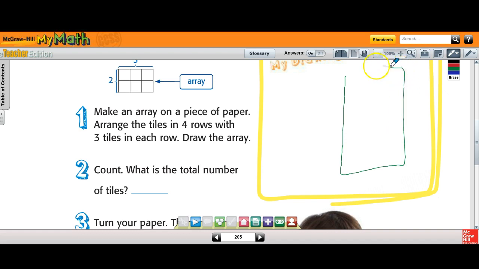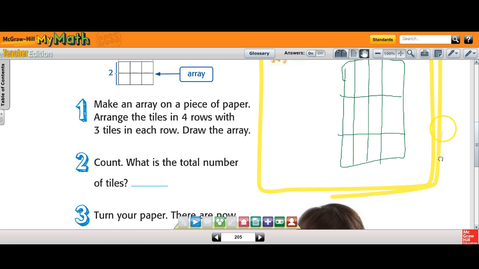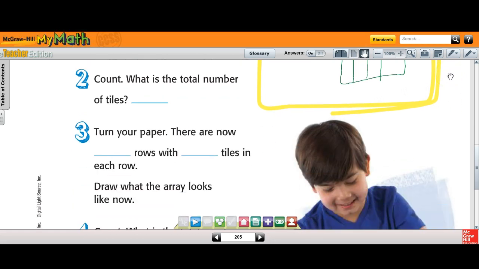So if I turn the array that I just made, okay, I'm going to go with 3 rows now with 4 in each row. And again, how many do I have? 12. So now how many rows again? Now I have 3 rows with 4 in each row.